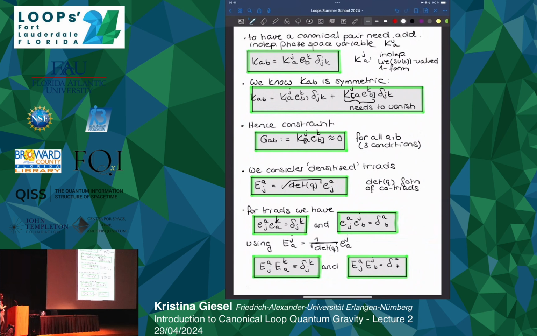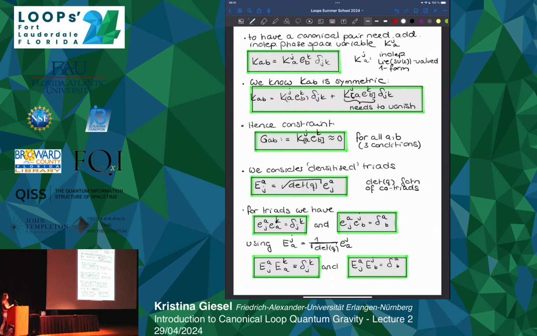In these new variables, we want to introduce another independent 1-form, which I call K^j_a, shown here. It's independent from the triads, and it can be related to the original ADM extrinsic curvature in this way. So K_ab can be written as K^j_a contracted with e^k_b, and then the internal indices are contracted with delta_jk.